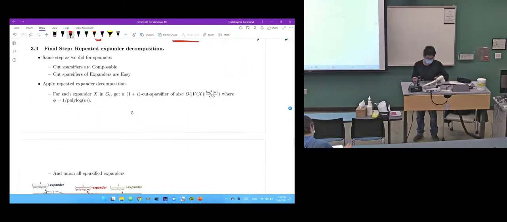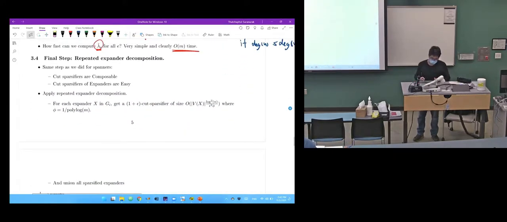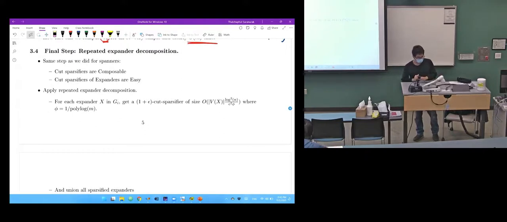Okay. And now, getting the sparsifier of any graph is the same step, right? Cut sparsifiers are composable, but it's easy to do on an expander.